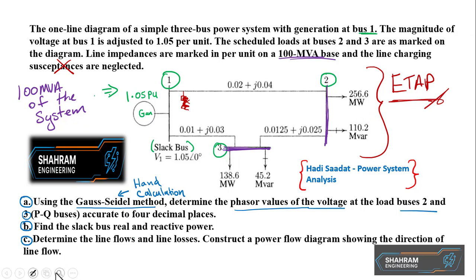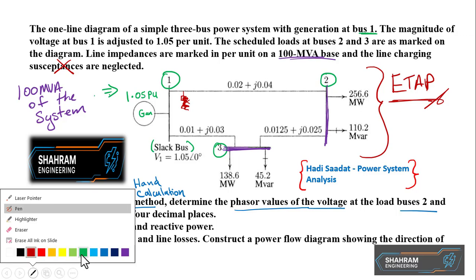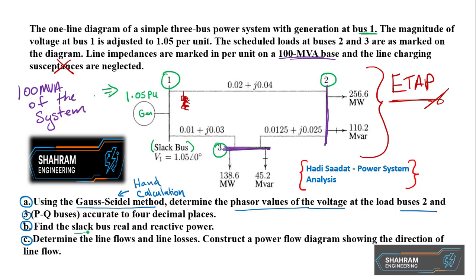Then it says find the slack bus real and reactive power. So here they're asking for P and Q. We also need to solve for this and this. And here it says we want the phasor voltages. Okay, we want V's. And lastly, determine the line flow and line losses.